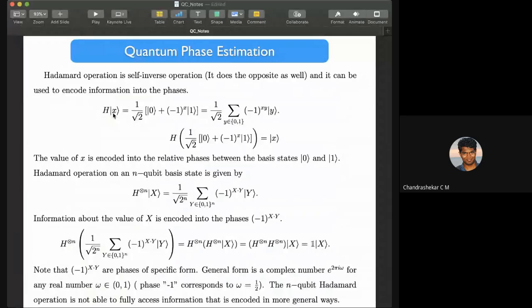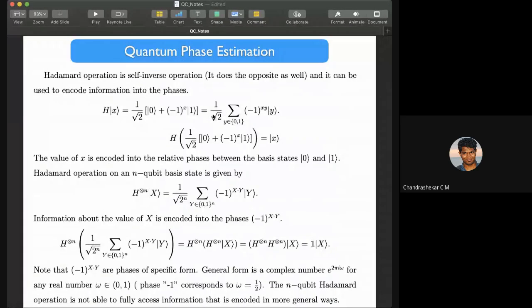If x is 1, then it will be 0 minus 1, because minus 1 to the power of 1 is minus 1. So irrespective of the explicit value of x, this output represents the general effect of the Hadamard operation on any quantum state x. But this can still be simplified, right?